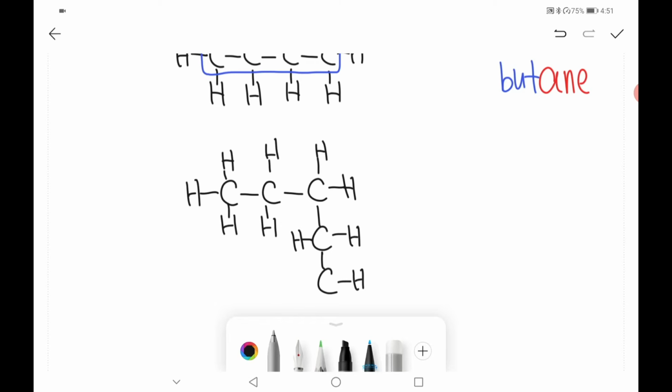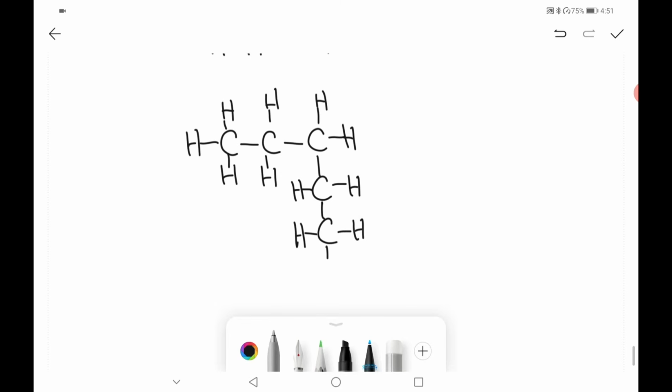So how are we going to name this substance? Same thing: to name the substance, always remember the name must consist of 2 parts. Always start the naming from the back. Remember this, guys.